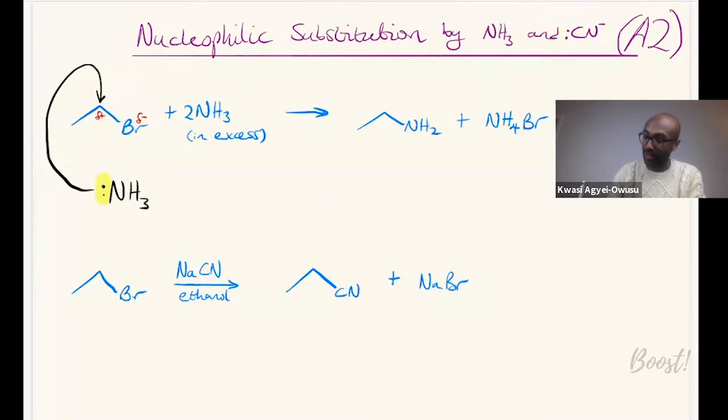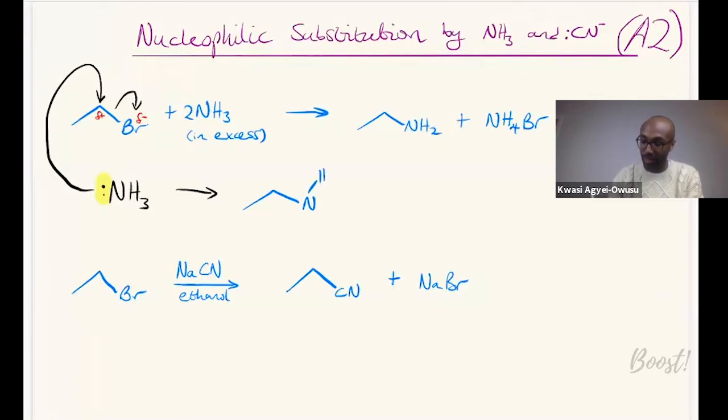As a result of that curly arrow to that carbon atom, we're going to break the C-Br bond, as shown, and because we've got a neutral nucleophile in our ammonia, you're going to end up with an intermediate that has a positive charge. So in this instance, you've got an ethyl ammonium salt.